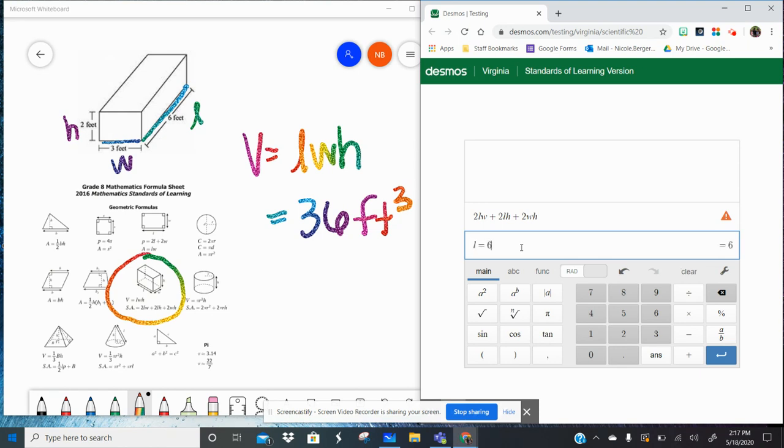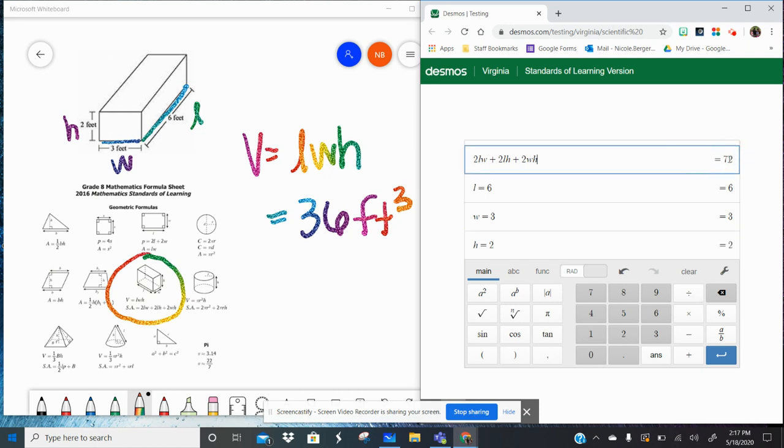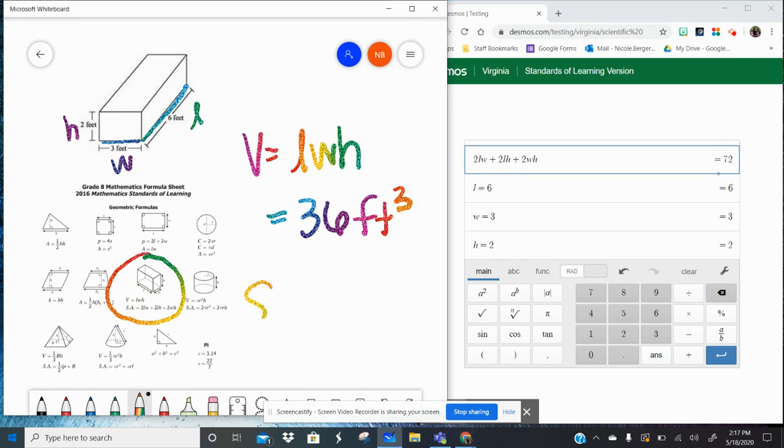Length is 6, width is 3, height is 2. And then boom, right there at the top, it'll tell you the surface area. So the surface area for this rectangular prism is 72 feet squared, or 72 square feet is how we would actually say that in life.